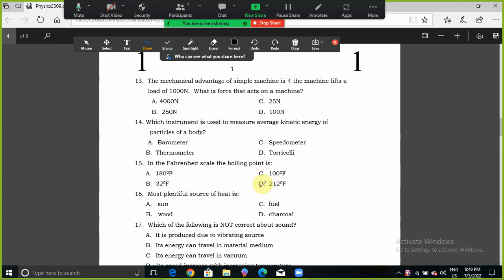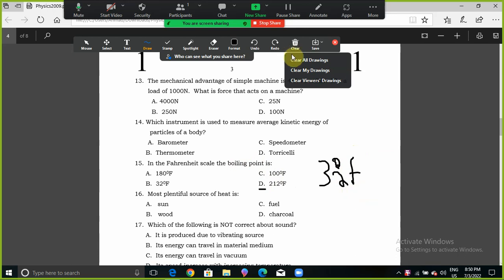But the freezing point of the Fahrenheit scale is 32 degree Fahrenheit, right? For freezing point it is 32, but for boiling point it is 212 degree Fahrenheit. Okay, now let's go for question number 16.